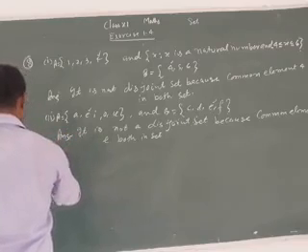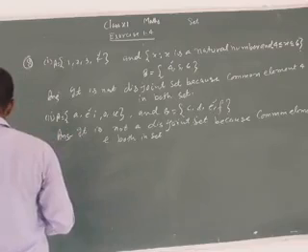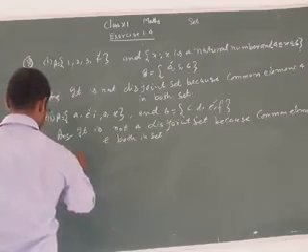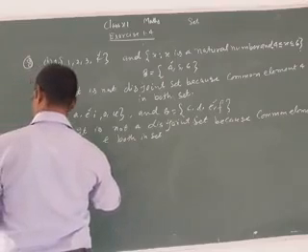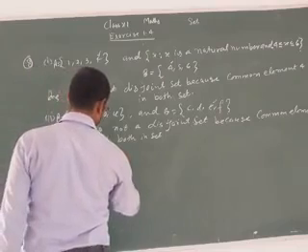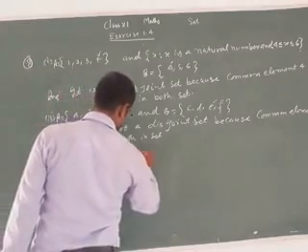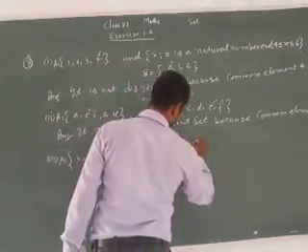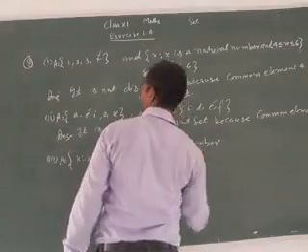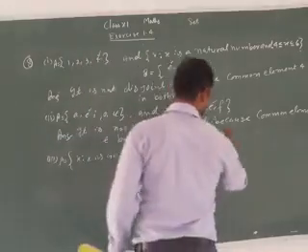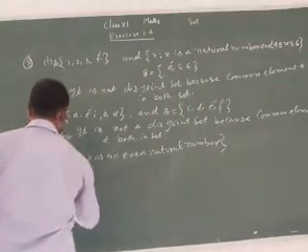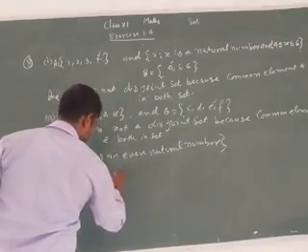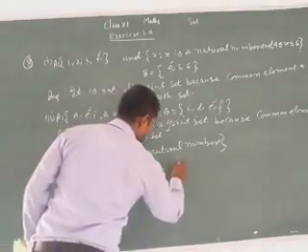And also the third part. Set A is x such that x is an even natural number, so A is equal to 2, 4, 6, 8, and so on.